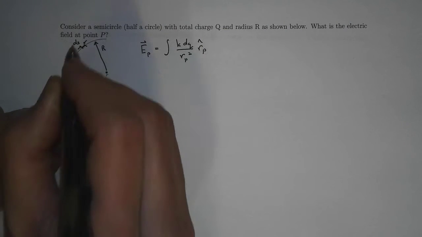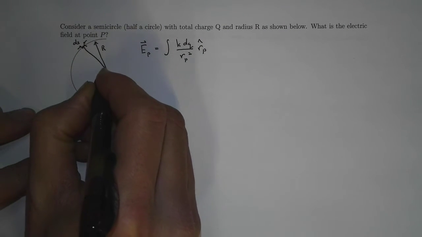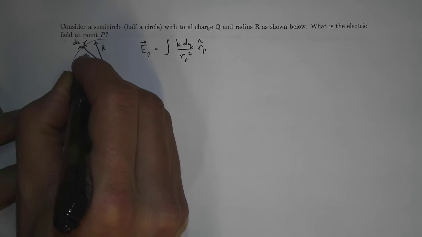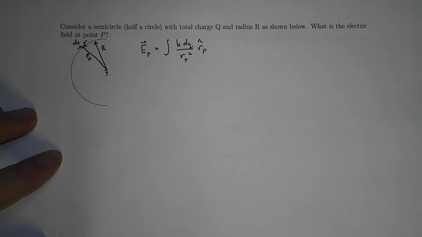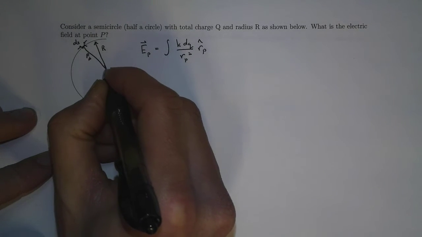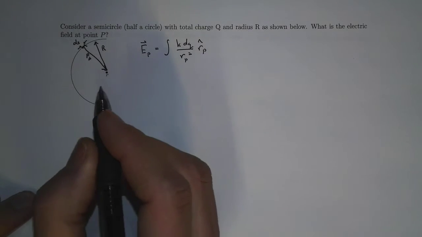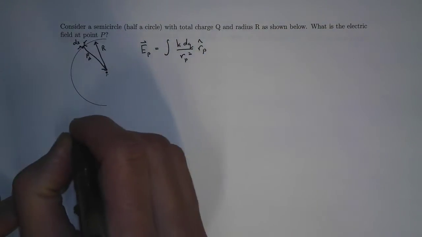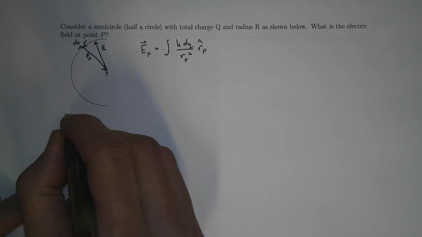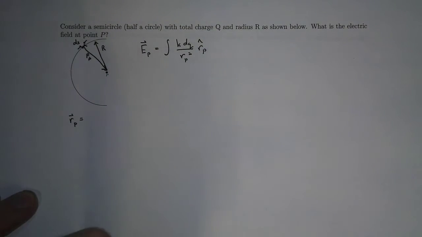Now, from this point to point P, this vector here is the r_P vector, right? So if we want to draw this arrow a little more clearly, and write down what the r_P vector is, it's simply going to be the length times the direction. So how do we get the direction?